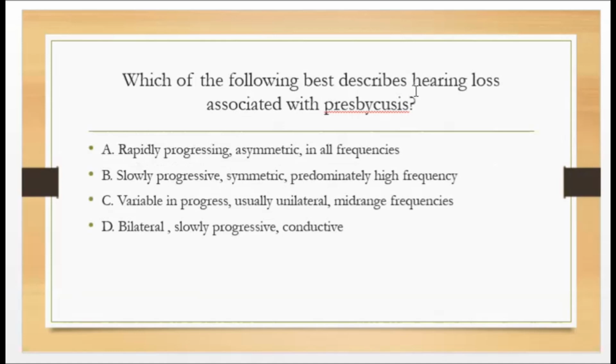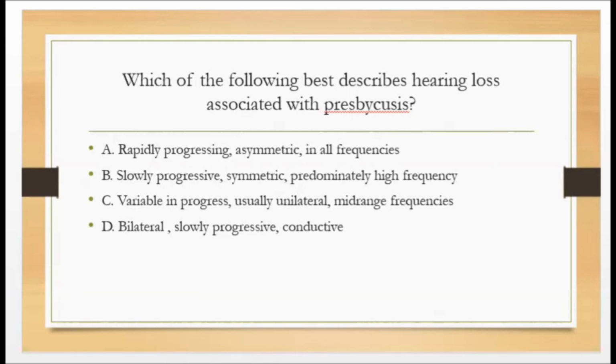Which of the following describes hearing loss associated with presbycusis? Presbycusis is very simple to remember. Rapidly progressing, asymmetrical in all frequencies; slowly progressive, symmetrical, predominantly high frequency; variable in progress, usually unilateral; slowly progressive, conductive, bilateral.